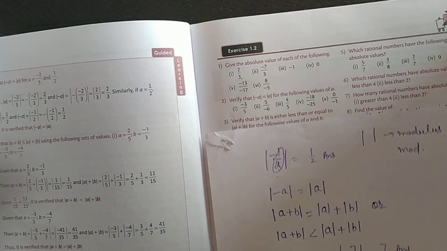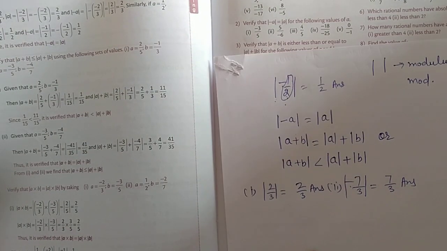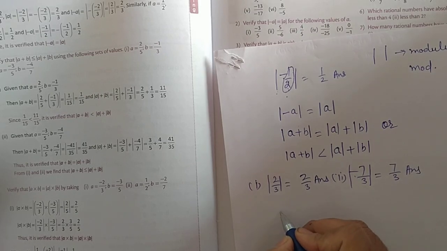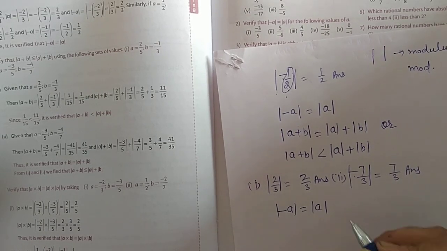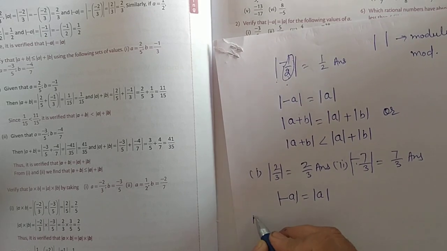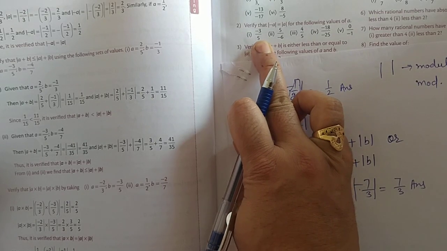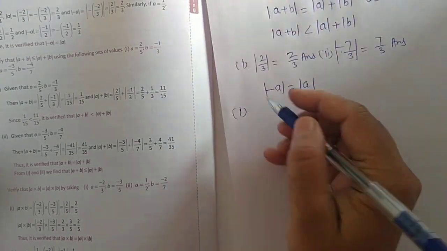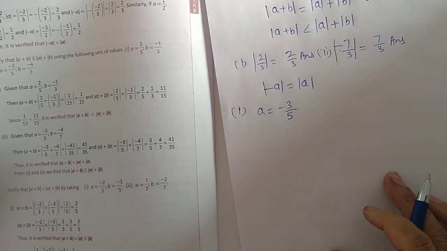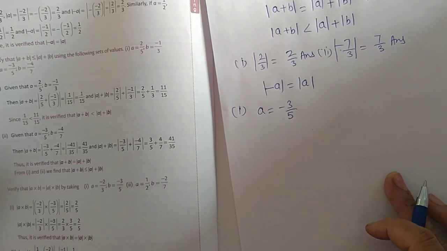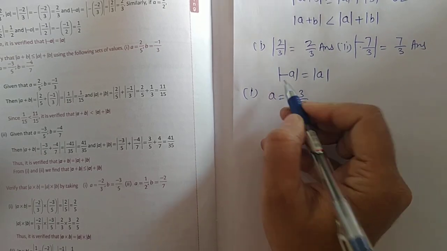And question number 2 is, verify the property mod of minus a is equal to mod of a. So first part is minus 3 upon 5. So a is equal to minus 3 upon 5. First of all we will take the left hand side.